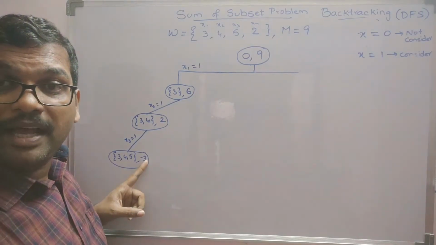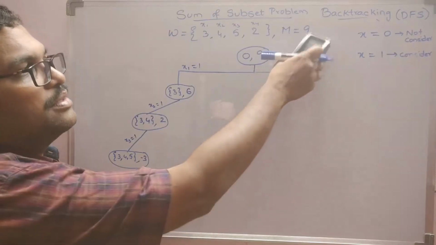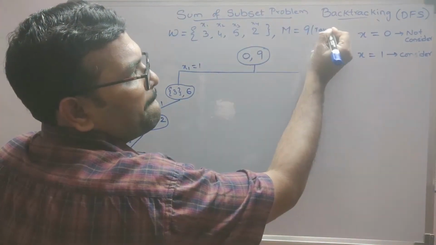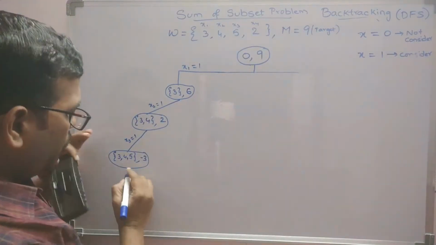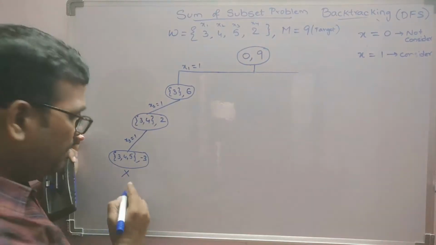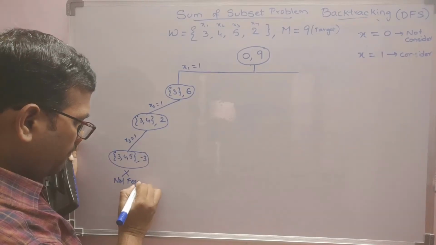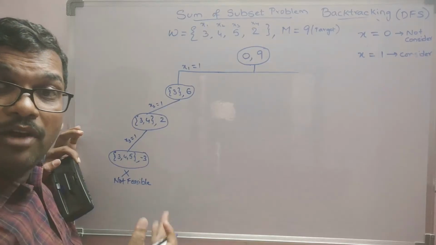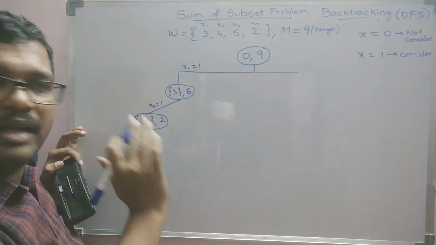So that implies the sum of subset is greater than the target value. Sum of subset is greater than the target, so we should not consider this one. So this is not feasible, right?